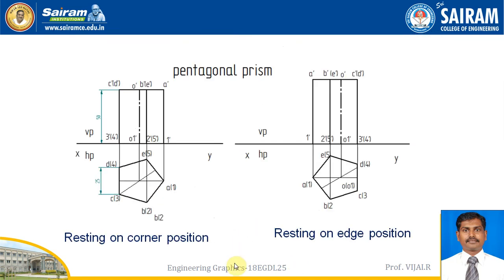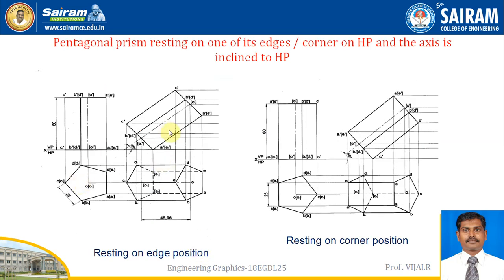And for the pentagonal prism, here the corner position is here. In the case of a plane you have taken this side, but for the projection of prisms and pyramids, please concentrate on this corner position we have to draw here, then we can tilt like this. So this is very important for the pentagon, how we are going to do it.